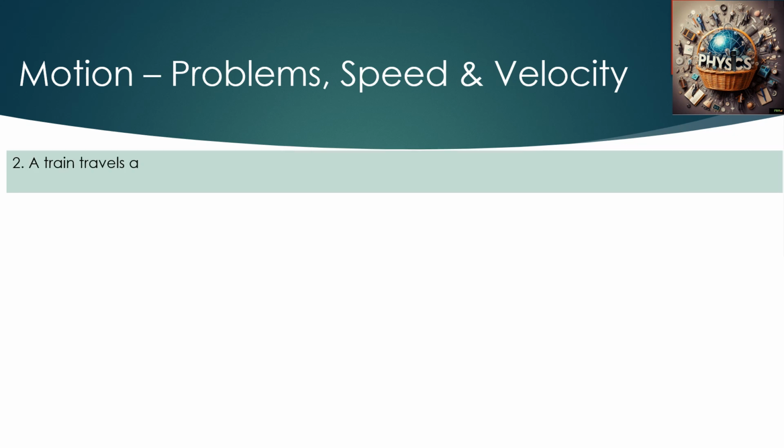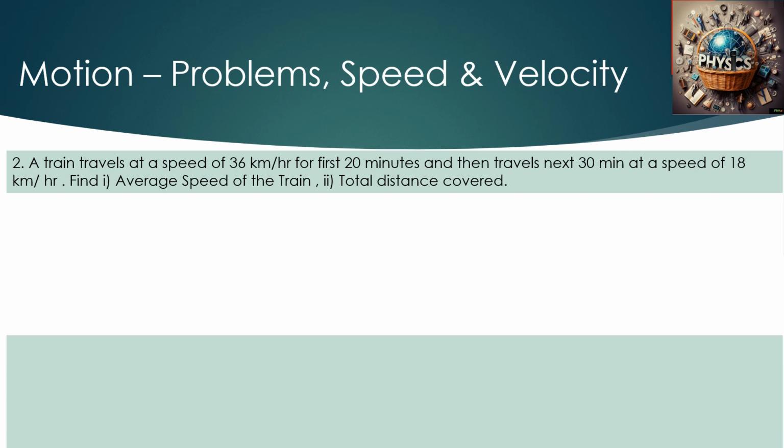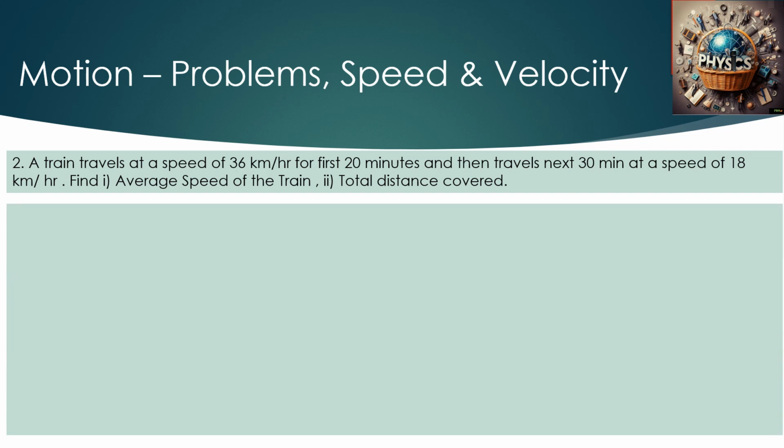So the second question says that a train travels at a speed of 36 km per hour for the first 20 minutes, and then the next 30 minutes it travels at a speed of 18 km per hour. That means that there are two different speeds at two different intervals of time, and then what we need to find is the average speed and the total distance covered.